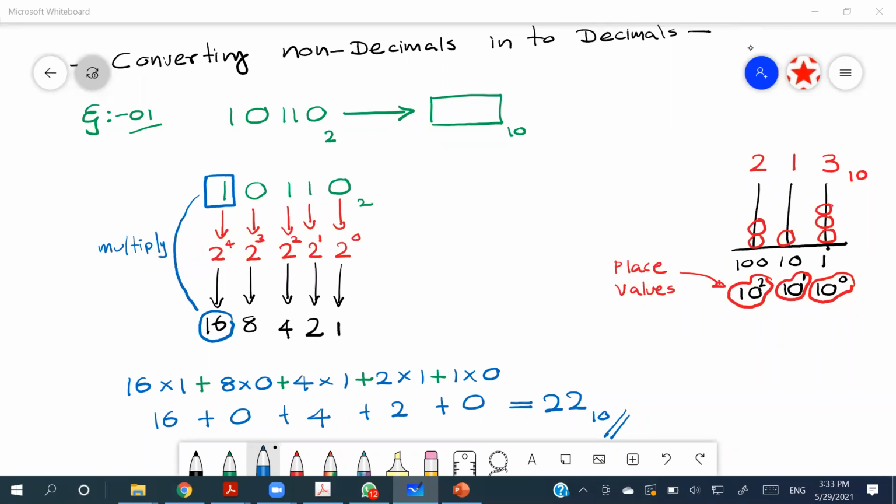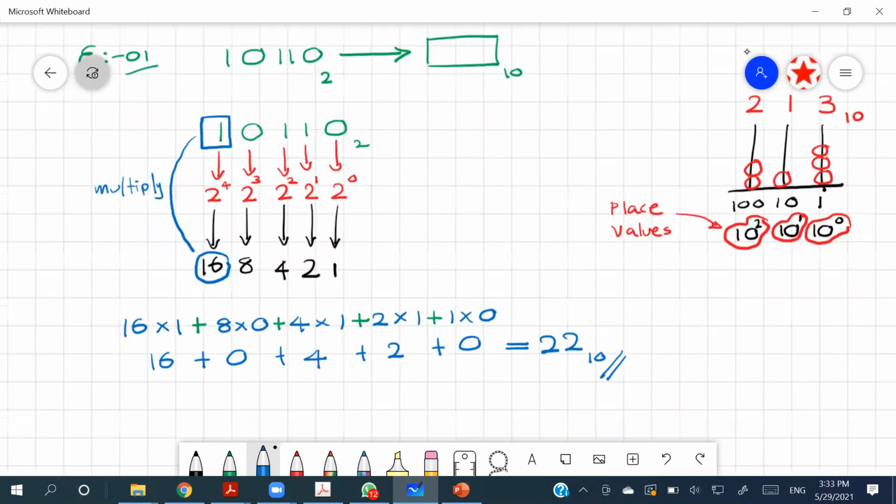How about others? Okay, so let's go to the second example.